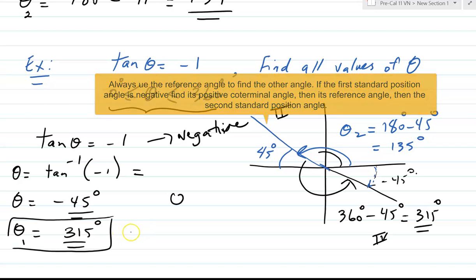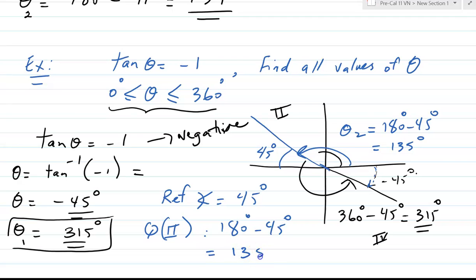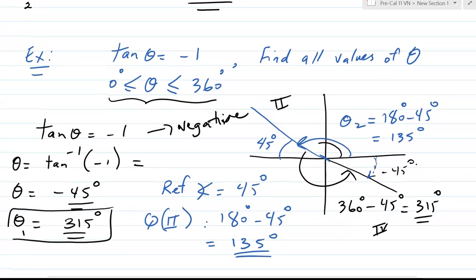So the reference angle is 45 degrees, and in quadrant 2 you have 180 minus 45 degrees, and now you get 135 degrees. And when you punch in the calculator the tangent of 135 degrees, you will get -1. And when you do the same thing for 315 degrees, you get -1.